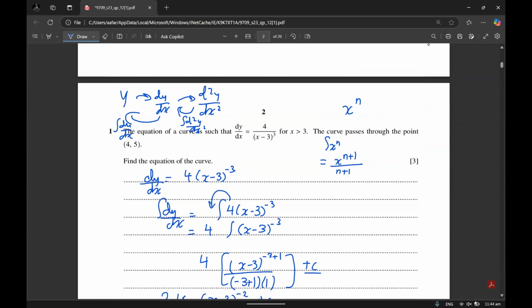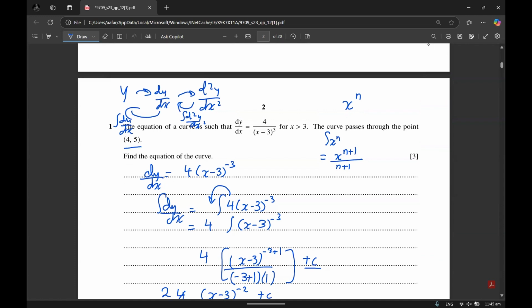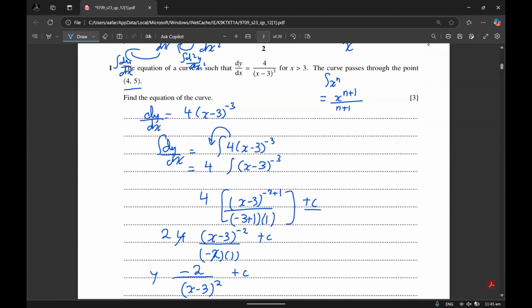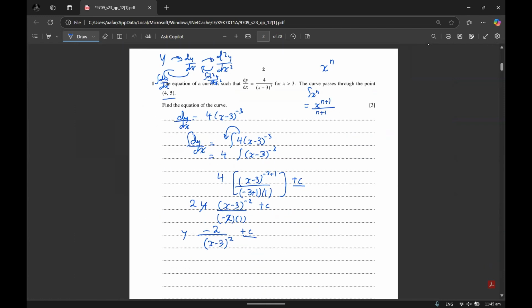Now they've given us a point. The curve passes through the point (4, 5). So we substitute these points into the equation to get c. So y is 5, equal to minus 2 over (4 minus 3) whole square plus c.